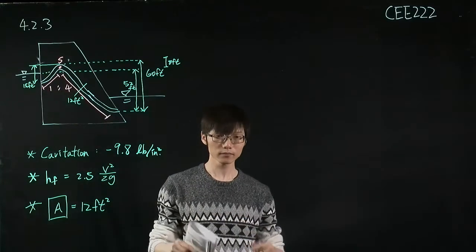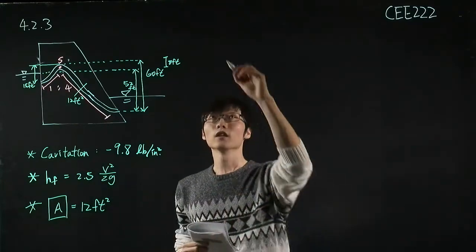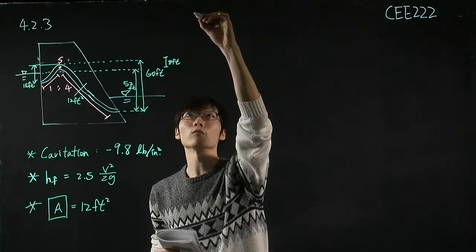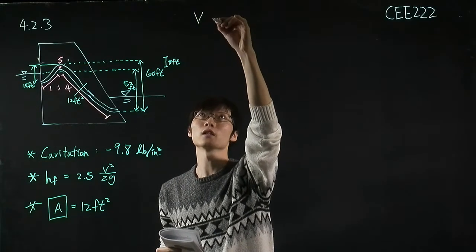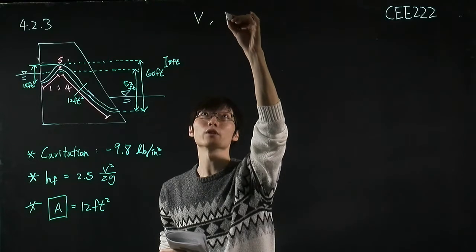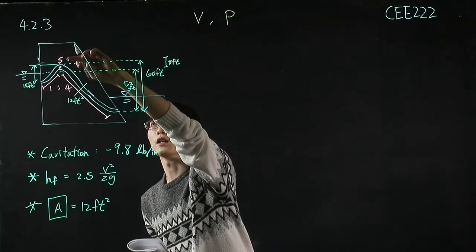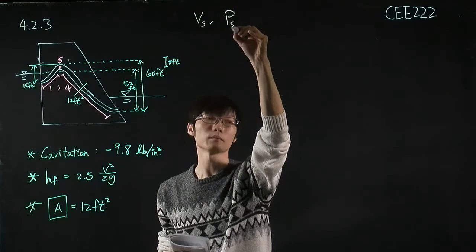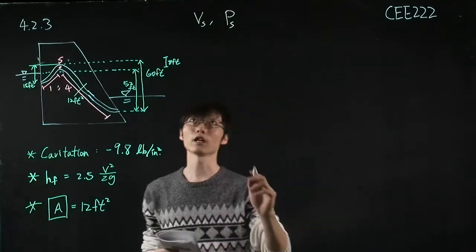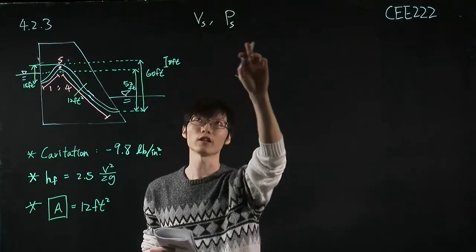Okay, so let's start. The goal is to find the velocity and the pressure at the summit point, so this is V_S, P_S. But we cannot solve two unknowns with one equation.